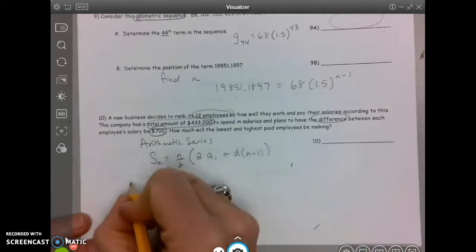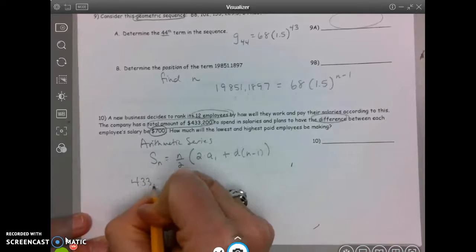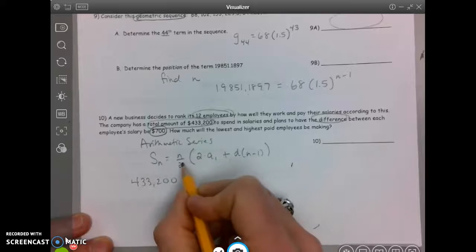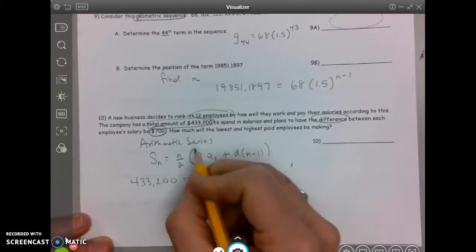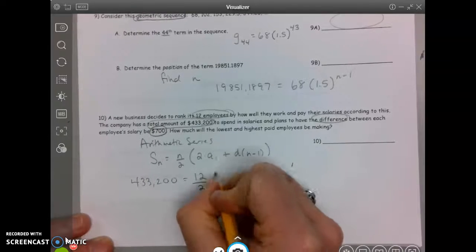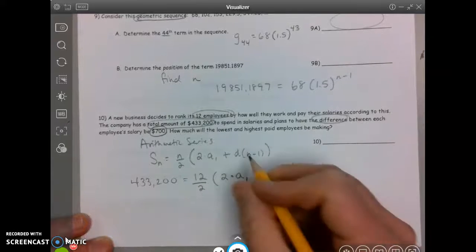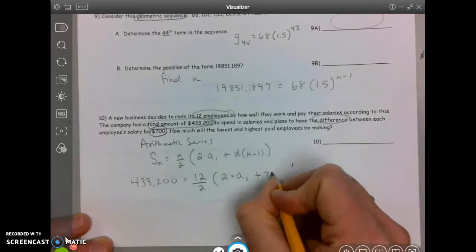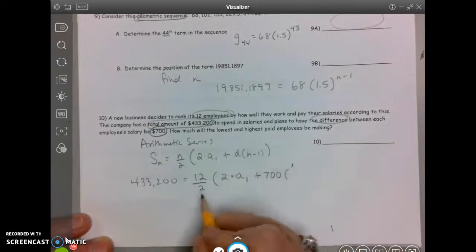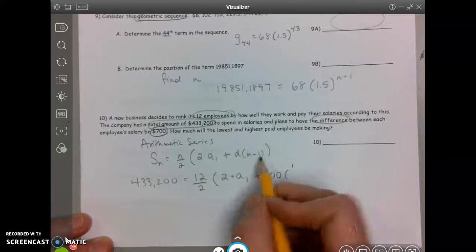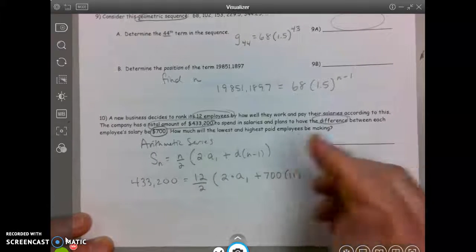I know my total, 433,200. I know that I have 12 employees, so 12 divided by 2, times 2 times the initial salary, which I don't know, plus the constant difference, 700, times 12 minus 1, which is 11.